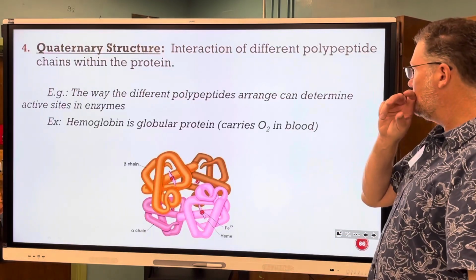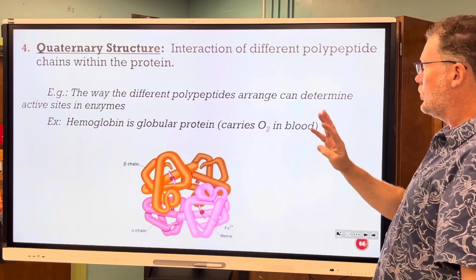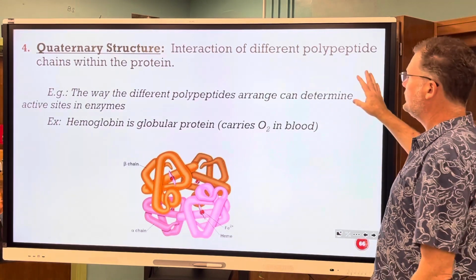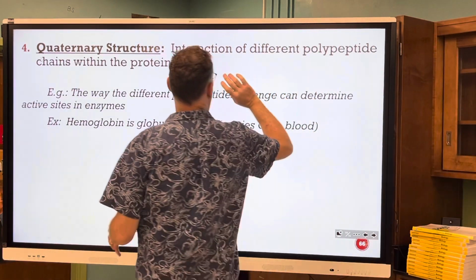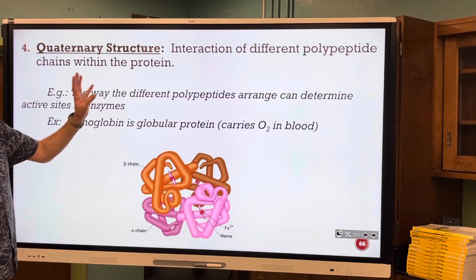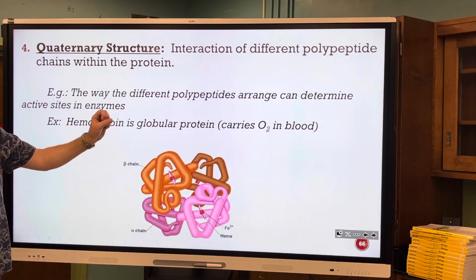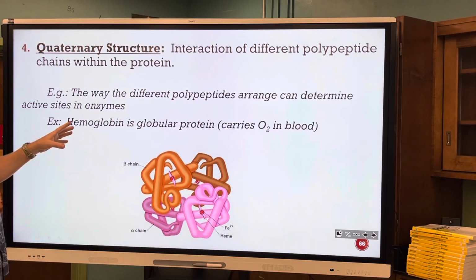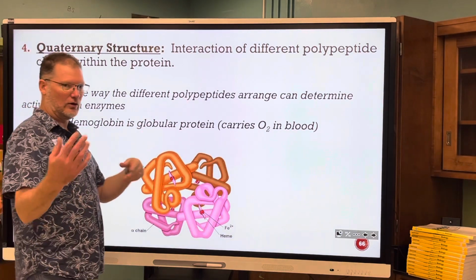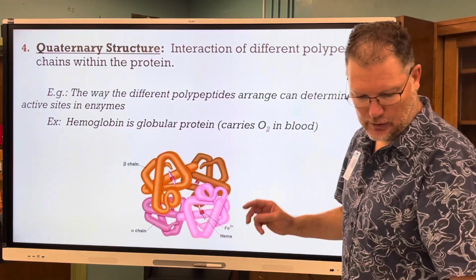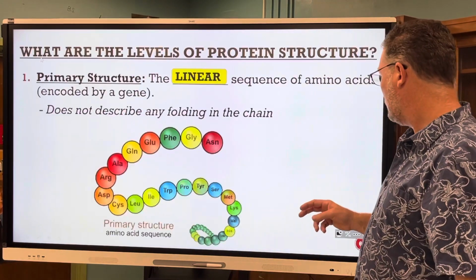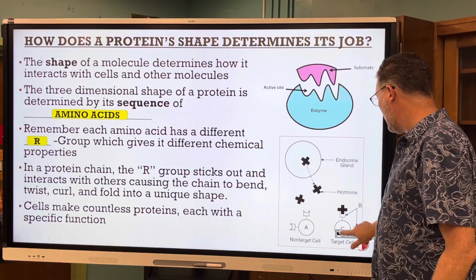And then finally is the quaternary structure, quaternary meaning 4. And so this is all the different polypeptide chains interacting within the protein itself. And this is where, back here, I'll come back to the slide in a second. Right here, this is what's going on here.